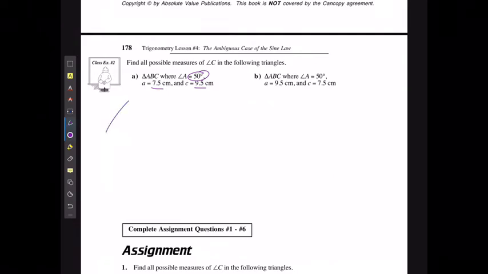So I'm going to have angle A be 50 degrees, side length a be 7.5, and side length c be 9.5. And we're going to be solving for angle C.